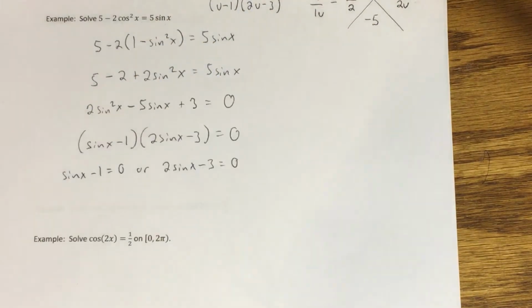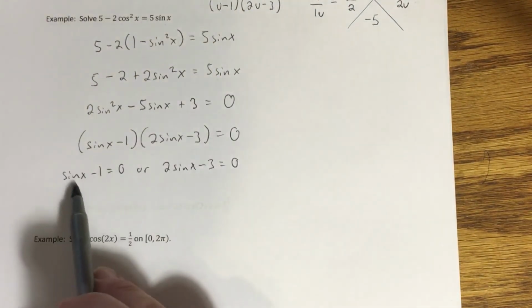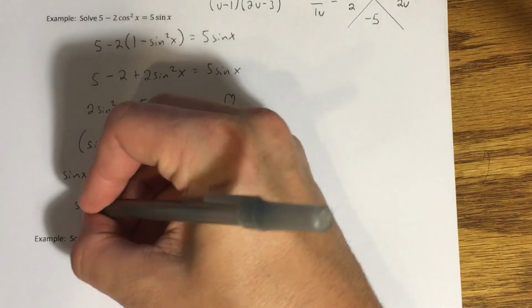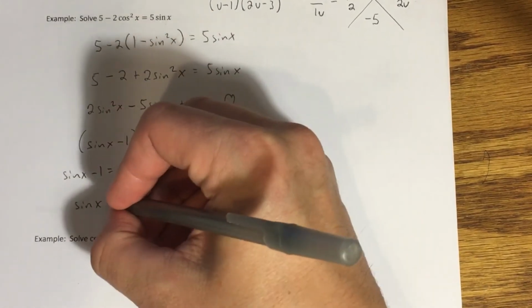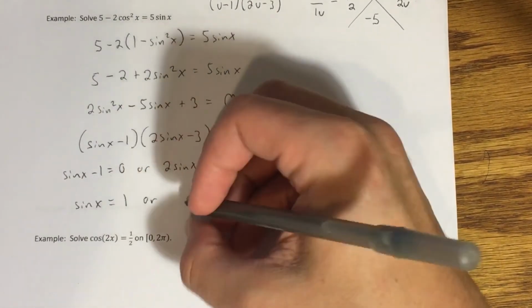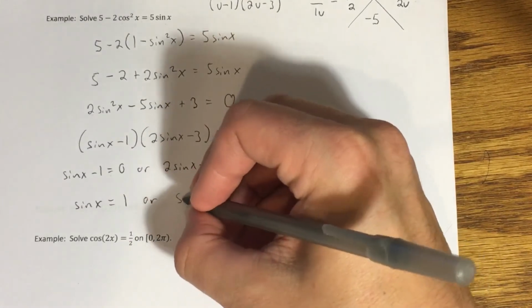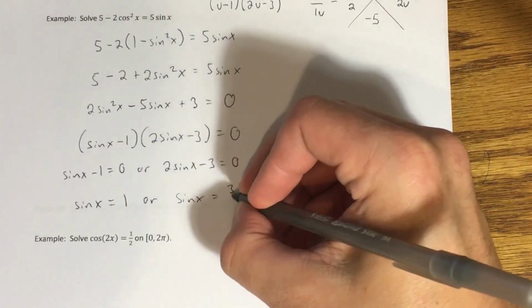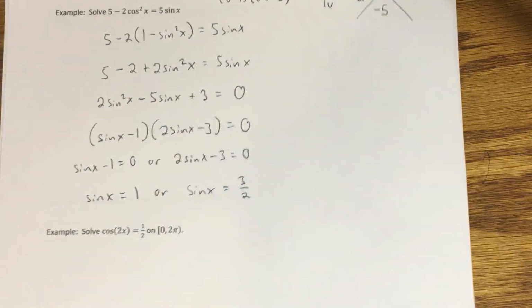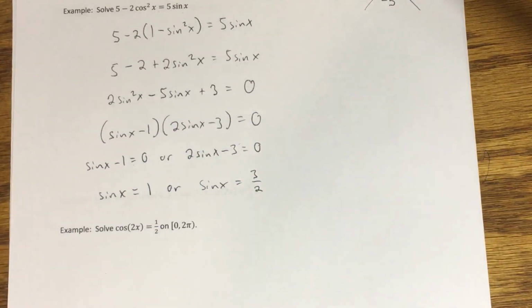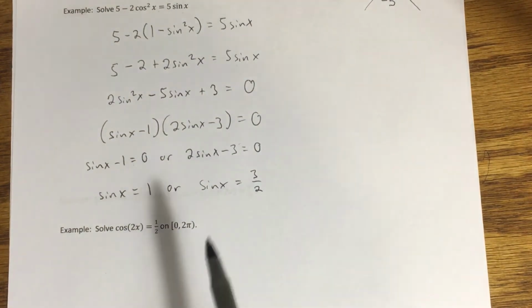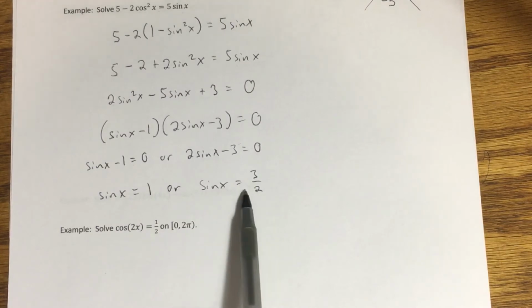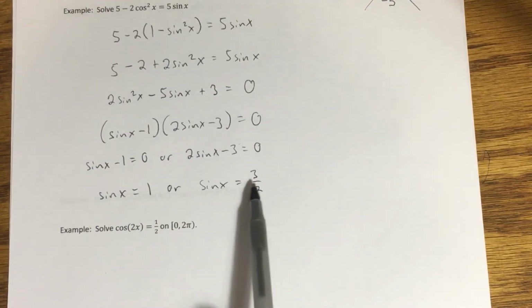How can we get either of these to equal 0? Well, let's isolate the sine in each one. Sine of x equals 1, or sine of x, adding a 3 and then dividing by 2, gives me 3/2. Okay? And this is where I now resort to my unit circle to try to search for solutions. But one of these hopefully should set up a red flag for you. This has no solution. Sine of x can never equal 3/2.